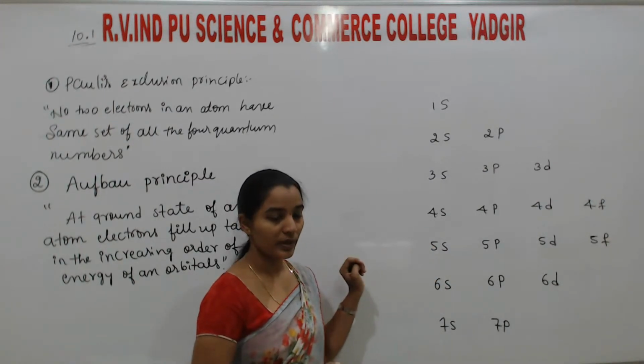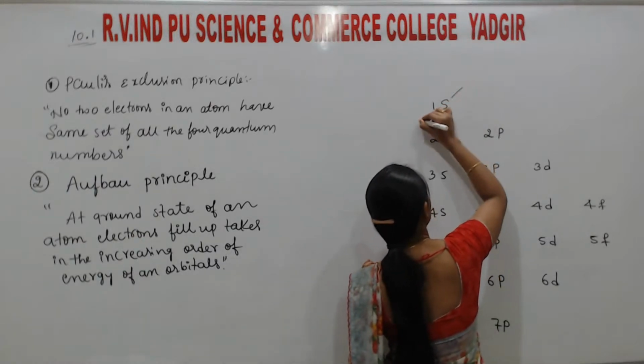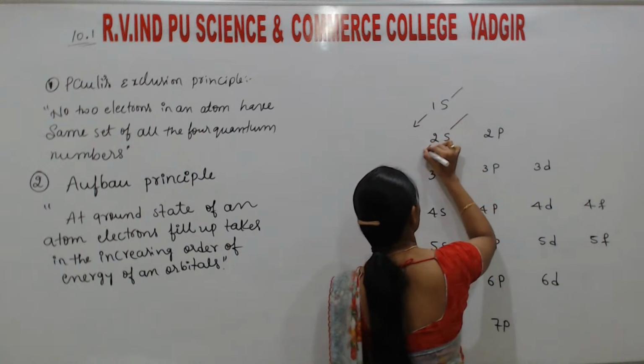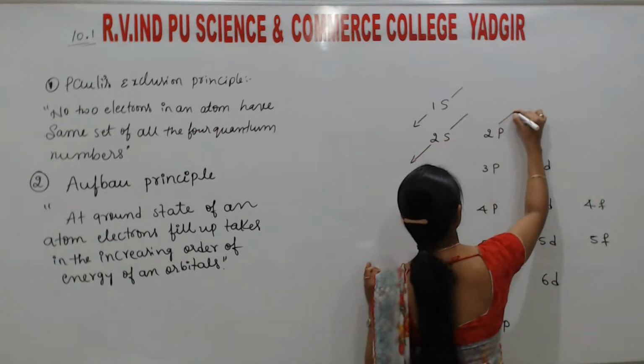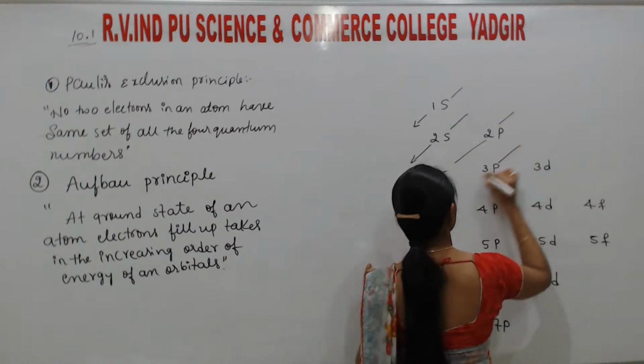How the electron filling takes place, this is the order. So listen, the order follows like this. Initially this is 2s.